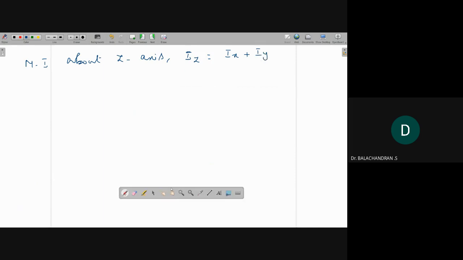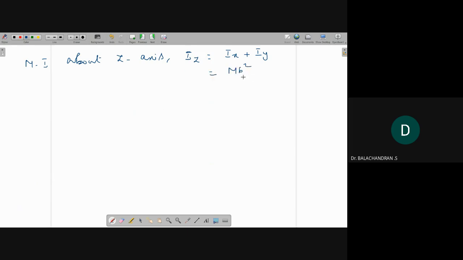So that is equal to, this is actually m b square by 3, this is m a square by 3. If you take m by 3 common, you have a square plus b square. So this is the final answer.